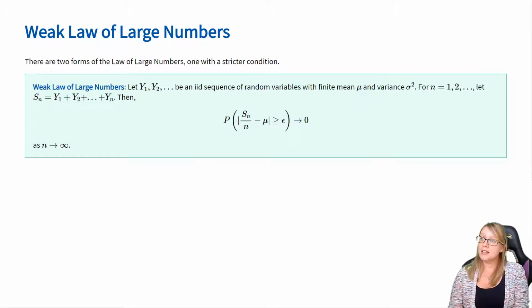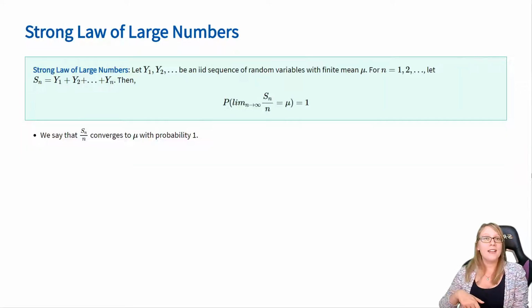Now, if we define the sum Sn in the previous way, then we can show that the probability that the absolute value of Sn over n minus mu is greater than some generic epsilon approaches 0 as n approaches infinity. Think back to Calc 1. This looks like the epsilon delta definition of a limit. That's not coincidental.